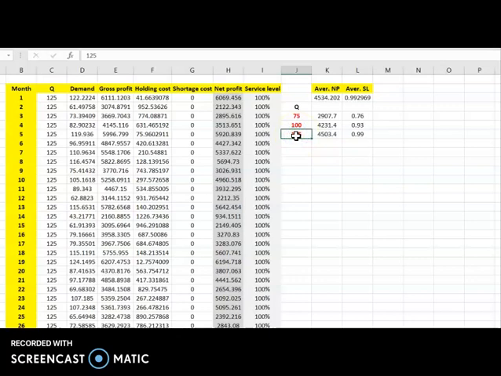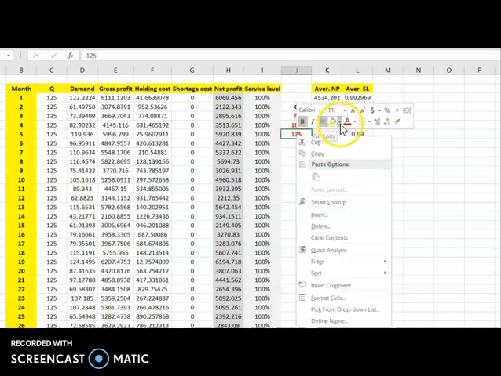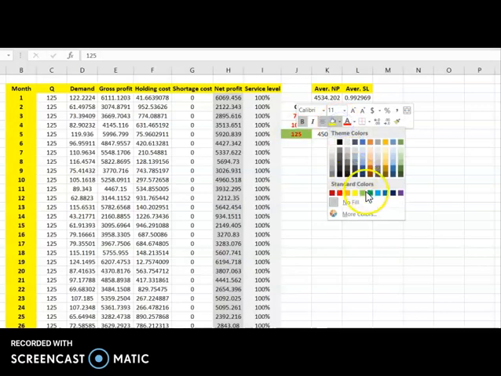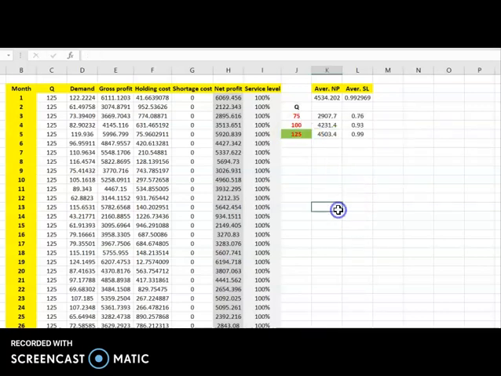But I guess now you got the point, and it is the winner. Let's color it, and that's it. It is now the answer for activity 2, and Q as 125 is the best one.